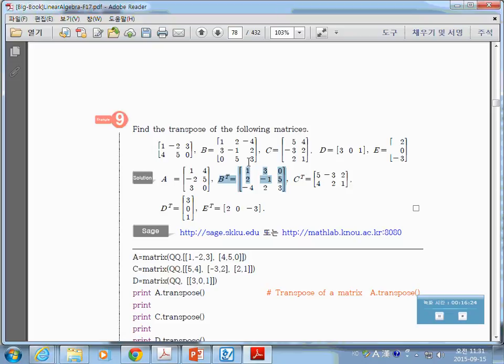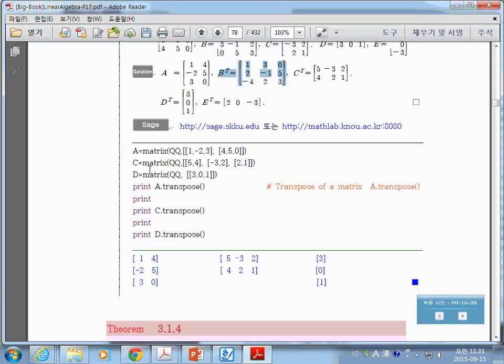Just leave the main diagonal and move 2 to here, 3 to here, minus 4 to here, 2 to here, and 5 to there like this. Just replace the rows and columns.